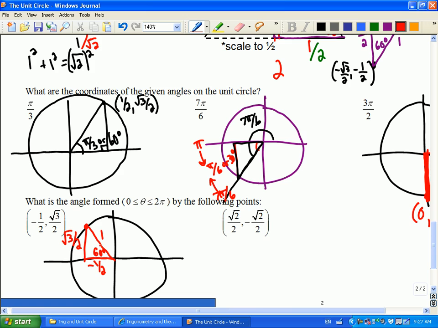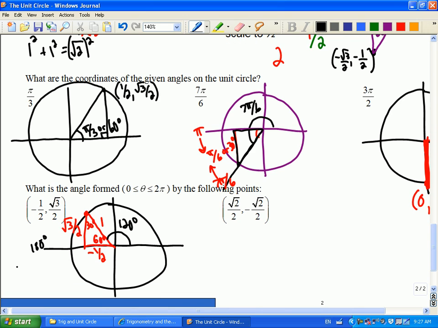This is 60 degrees. This is 30 degrees. So if I know that 60 degrees is in there, what's the angle that was actually used? Yeah, 120. Because this would be 180 degrees here. Okay, so 120 degrees, is that my answer? It is, but it isn't.